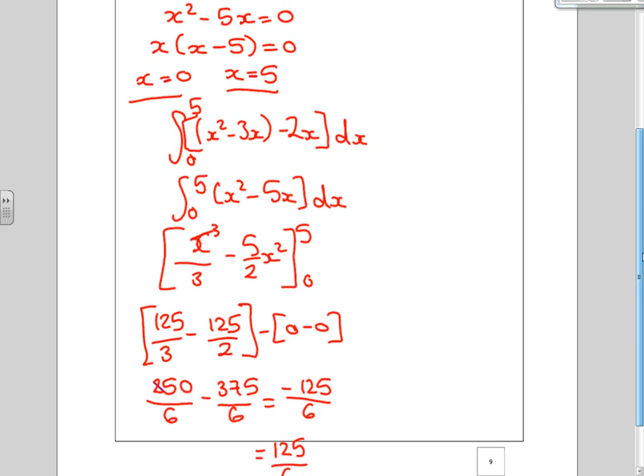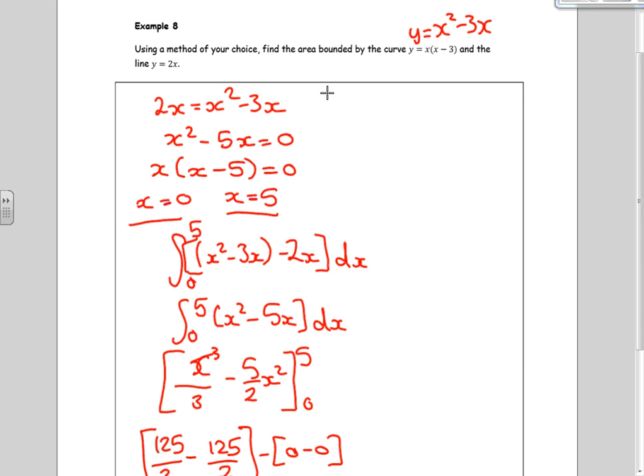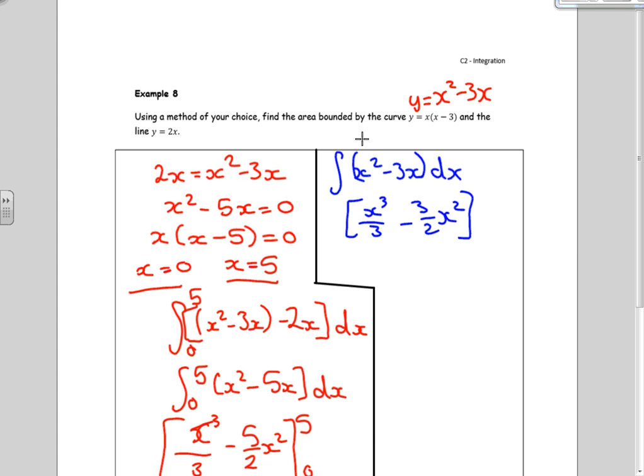So that's using the subtraction method, but of course we can just integrate both the line and the curve on their own and subtract. If I just integrate x squared minus 3x dx, that gives me x cubed over 3 minus 3 over 2 x squared, evaluating, of course, between 5 and 0 again.